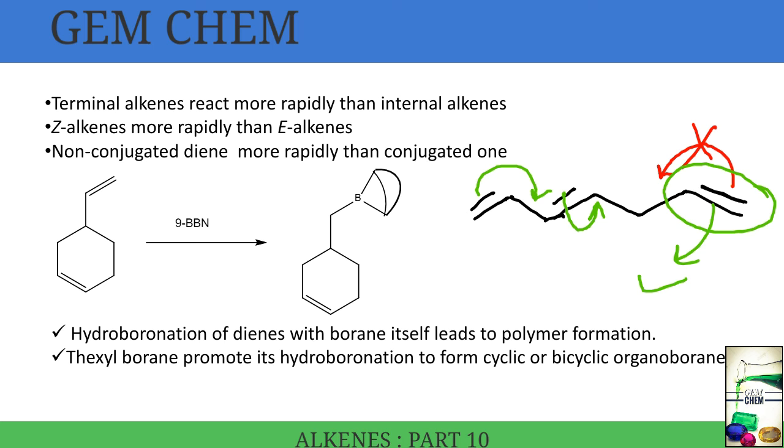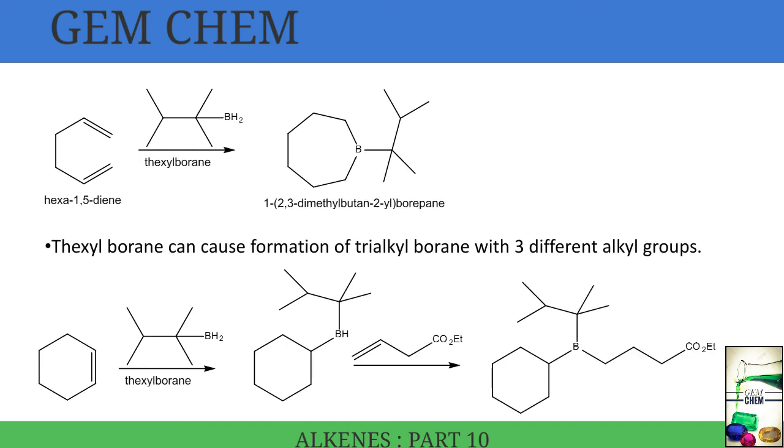Now if we try to do the hydroboronation of dienes with only boron, then there is polymer formation, and texyl boron promotes its hydroboronation to form cyclic or bicyclic organoboranes. So we can cause hydroboronation of dienes only by using texyl boron, as texyl boron can form cyclic or bicyclic organoboranes. Now see, this is the example.